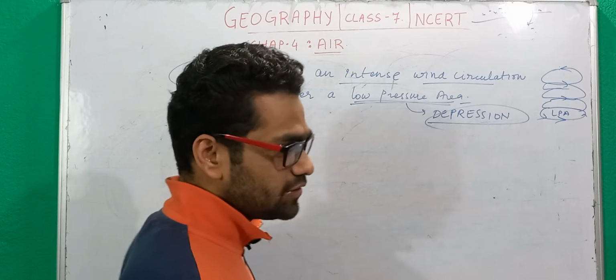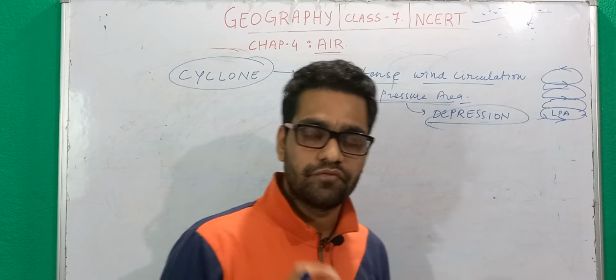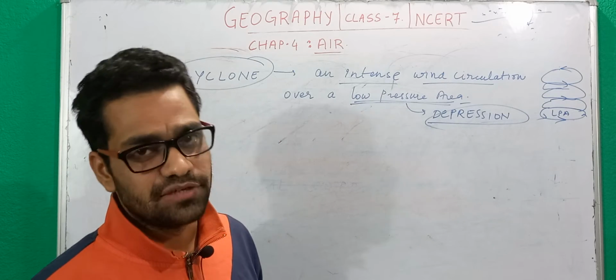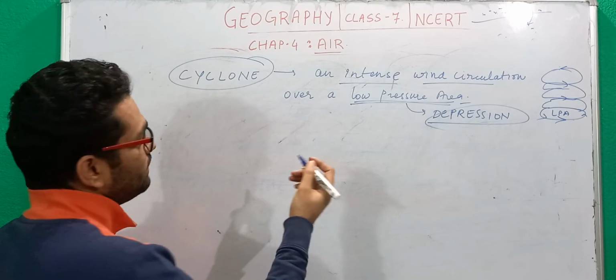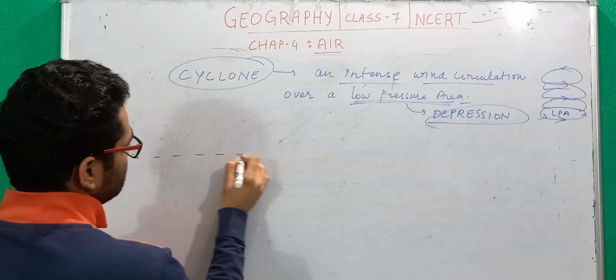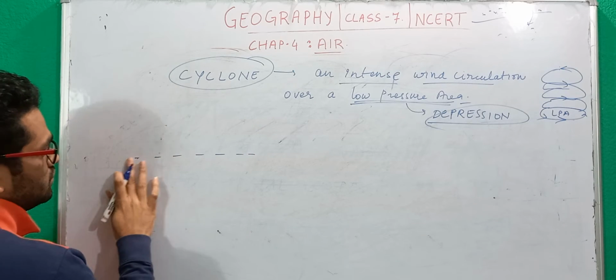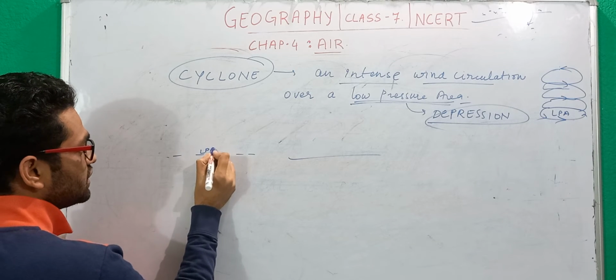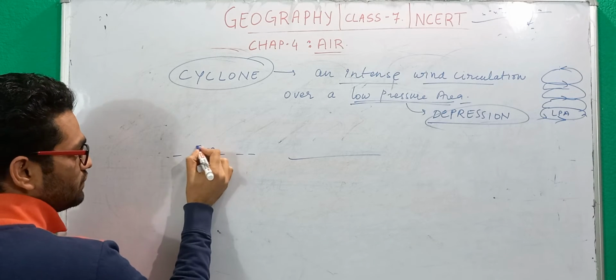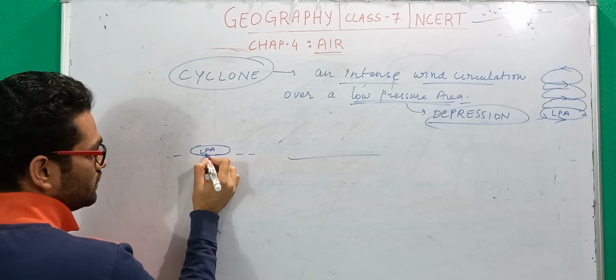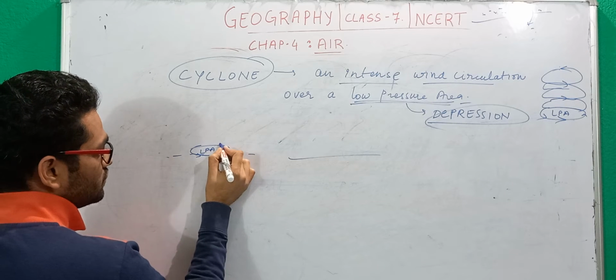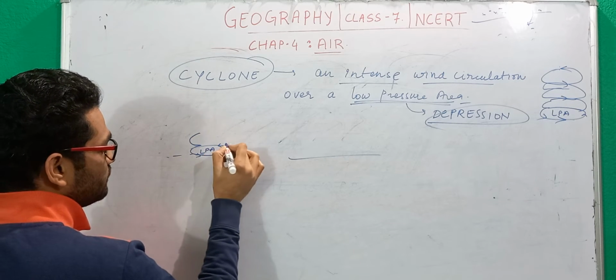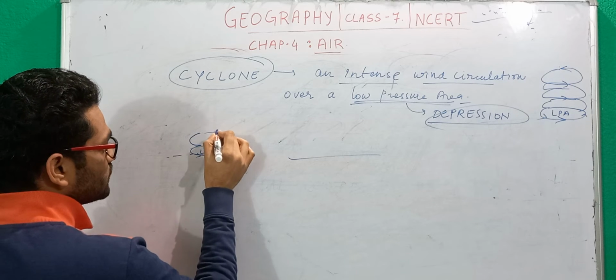Cyclone will form only at the sea. So what happens is that this is sea and this is, suppose, land. A low pressure area will be created at the sea, and the wind will start flowing from west to east direction.